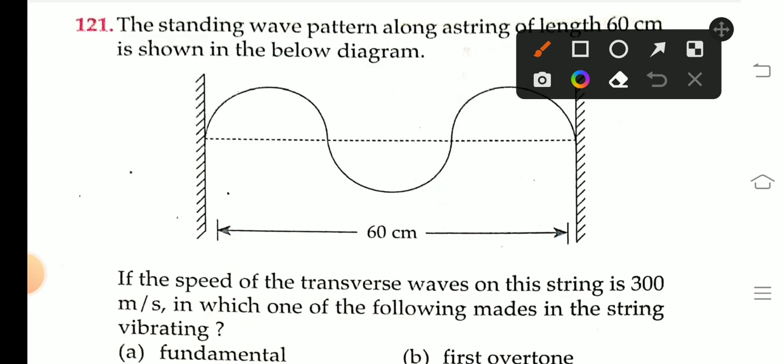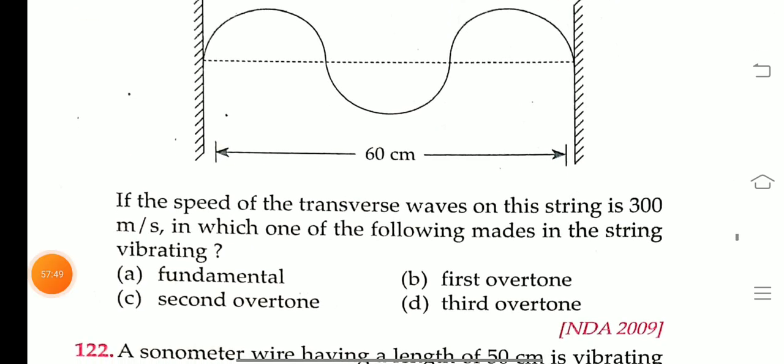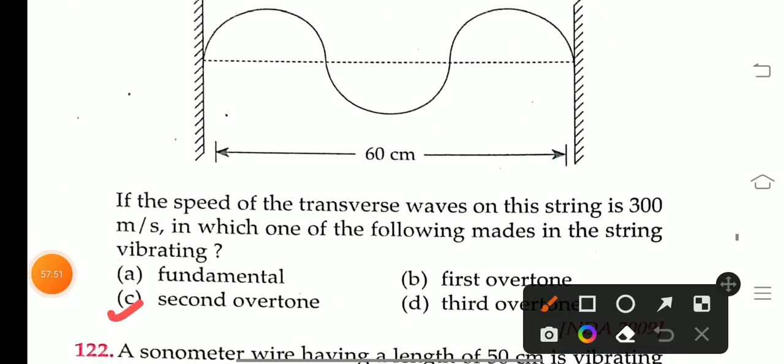If the speed of the transverse waves on this string is 300 meters per second, in which one of the following modes is the string vibrating? Right answer option C, second overtone.